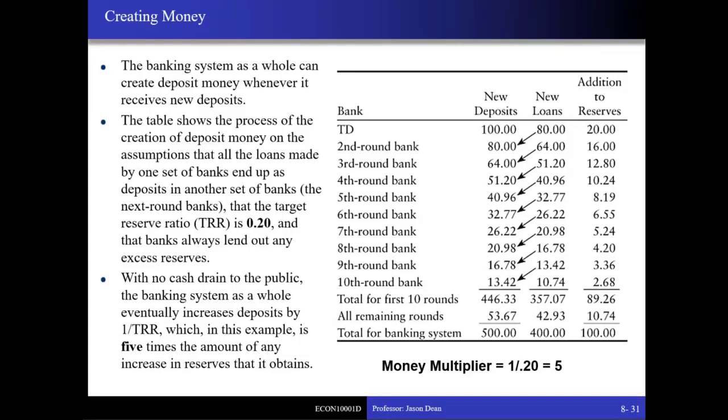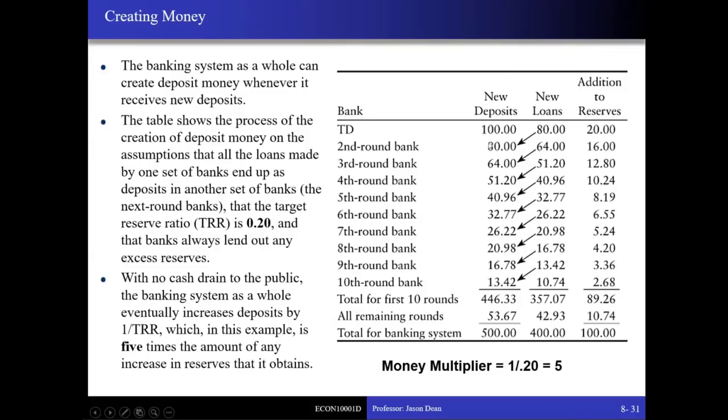It's still part of the money supply, because it would be considered part of M1 as currency in circulation. But there's 400 in new loans that were made that were deposited as well, so that would be the new money.